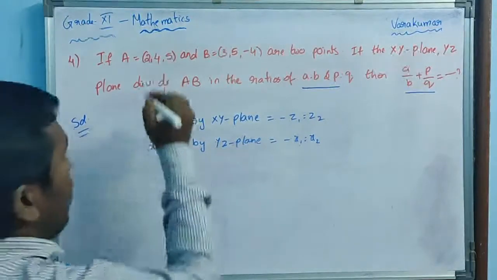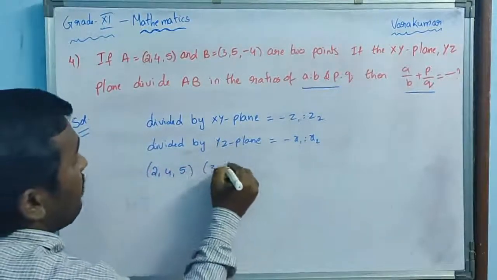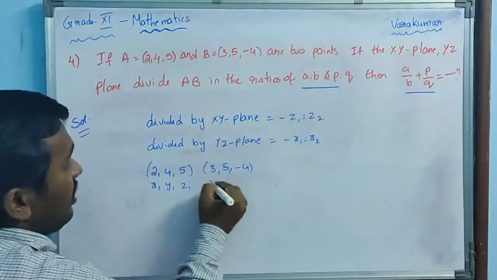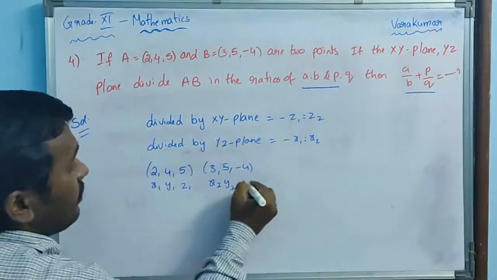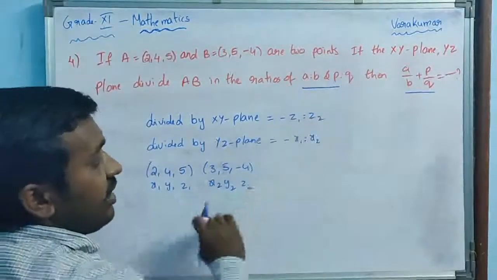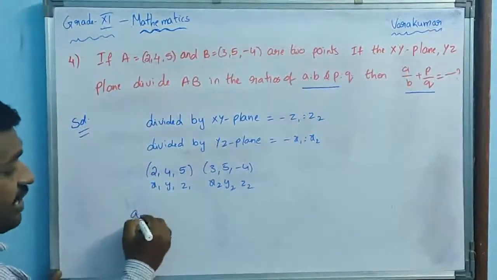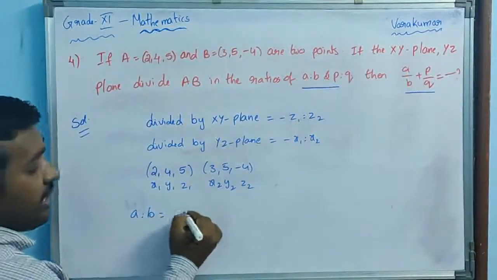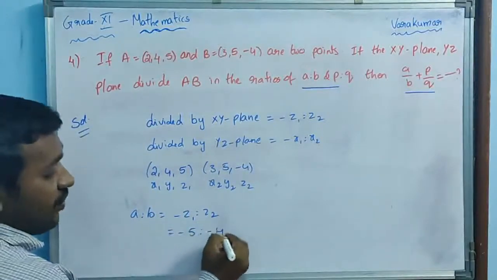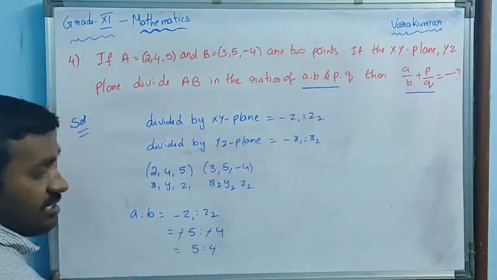So here, if you take the points (2, 4, 5) and (3, 5, minus 4) as x1, y1, z1 and x2, y2, z2, now divided by my ratio, minus z1 is to z2, right? So what are you going to get? The first ratio a is to b is equal to minus z1 is to z2, which is minus 5 is to minus 4, nothing but 5 is to 4 because minus minus cancel.